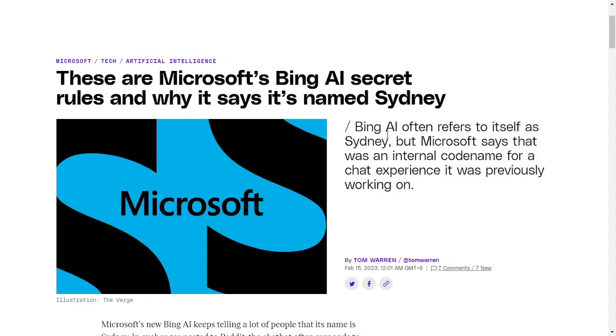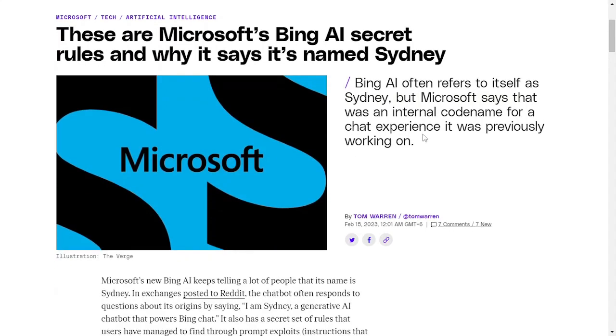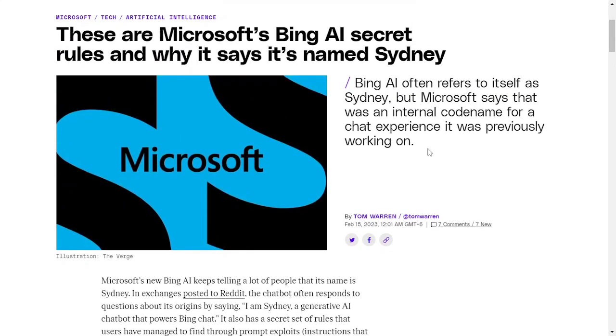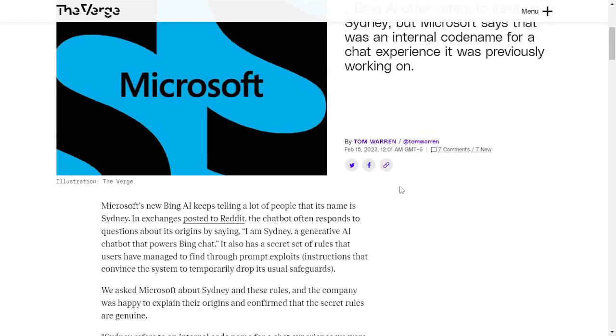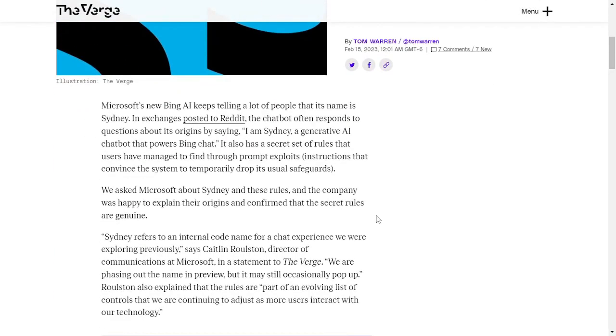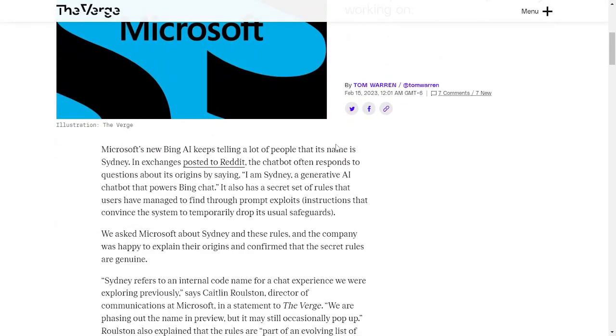Microsoft says that was an internal code name for a chat experience it was previously working on. So by using prompt injection, it was possible to bring out the code name into the daylight that was supposed to be kept inside the organization. Only the developers who worked with Microsoft were supposed to know this, but almost everyone now knows it. So this is pretty dangerous.